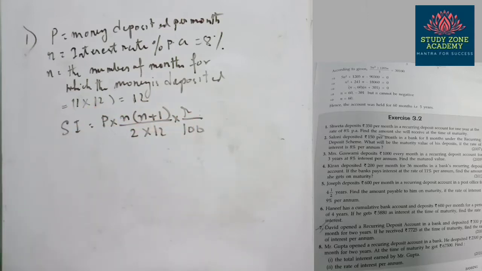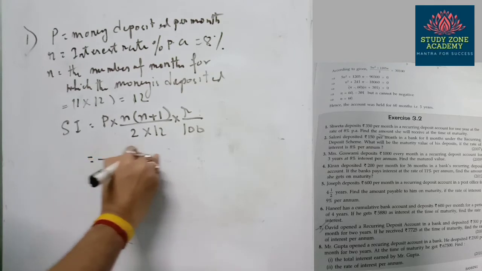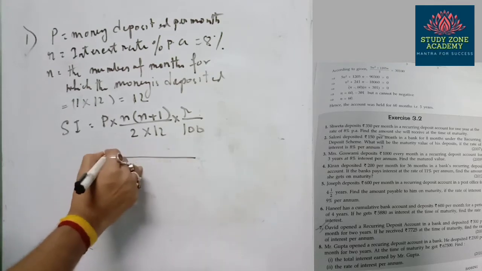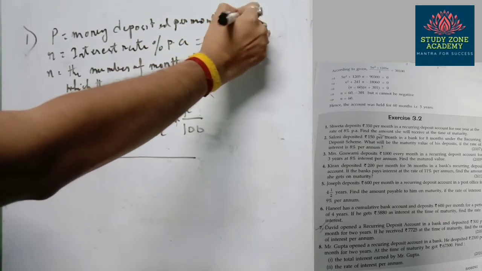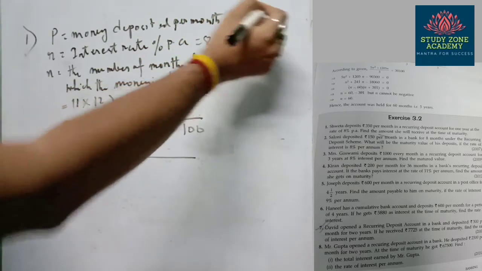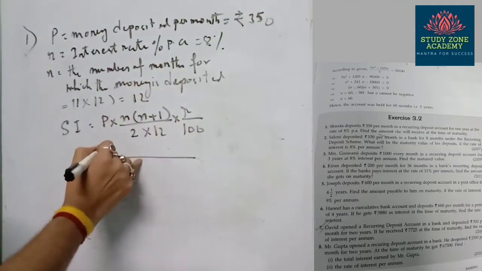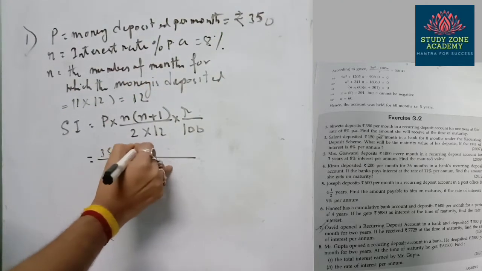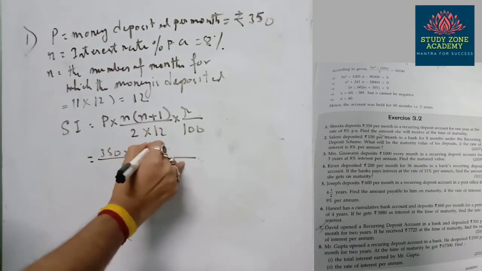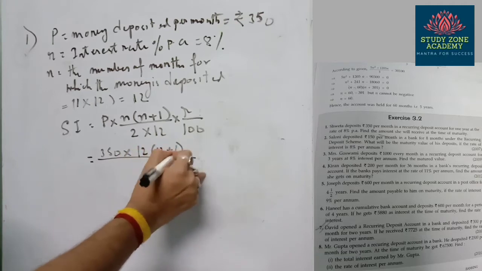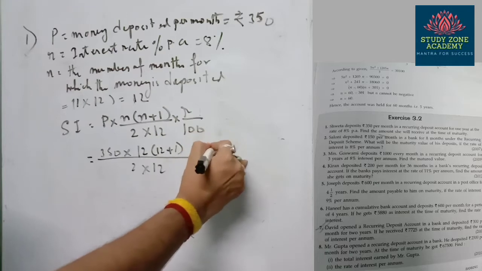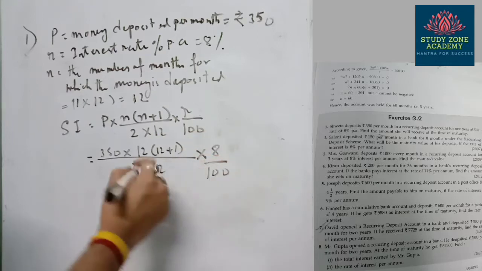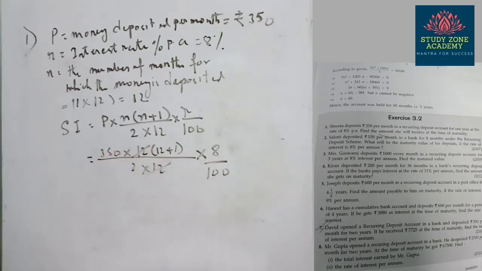Let us put the values. Oh, I have not mentioned the principal. It is going to be rupees 350. So it will be 350 into N, and in this case the rate is 8 by 100. Cancel them. I'm solving this part.